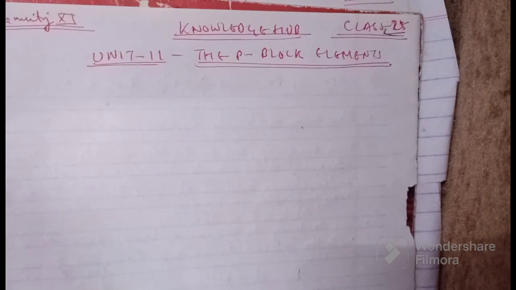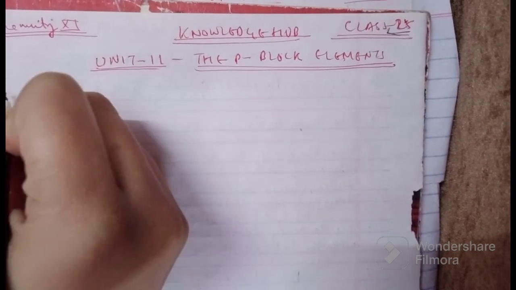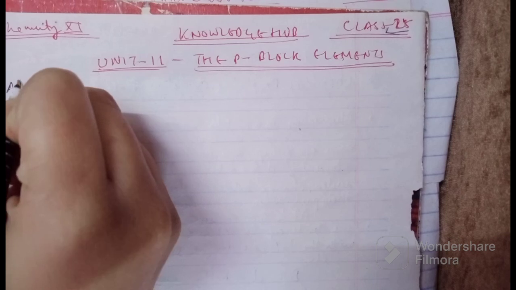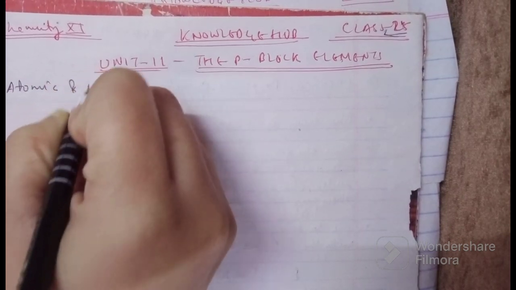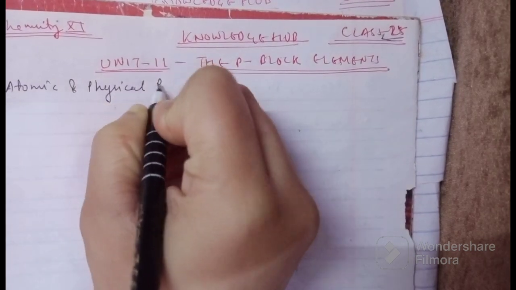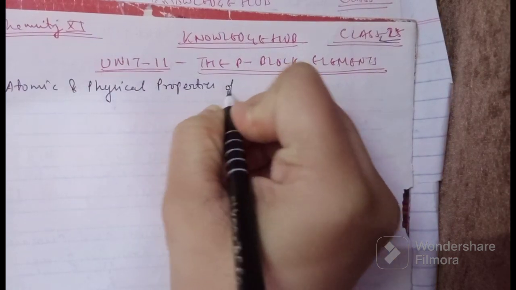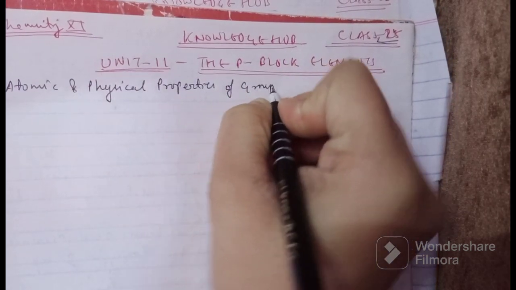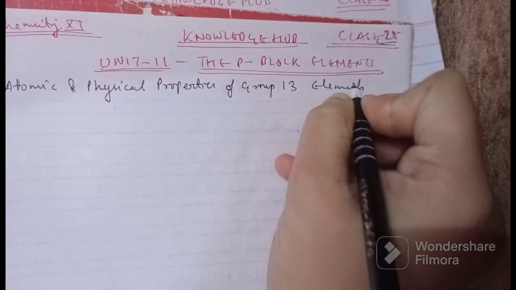So here we go. The table is all about atomic and physical properties of group 13 elements.